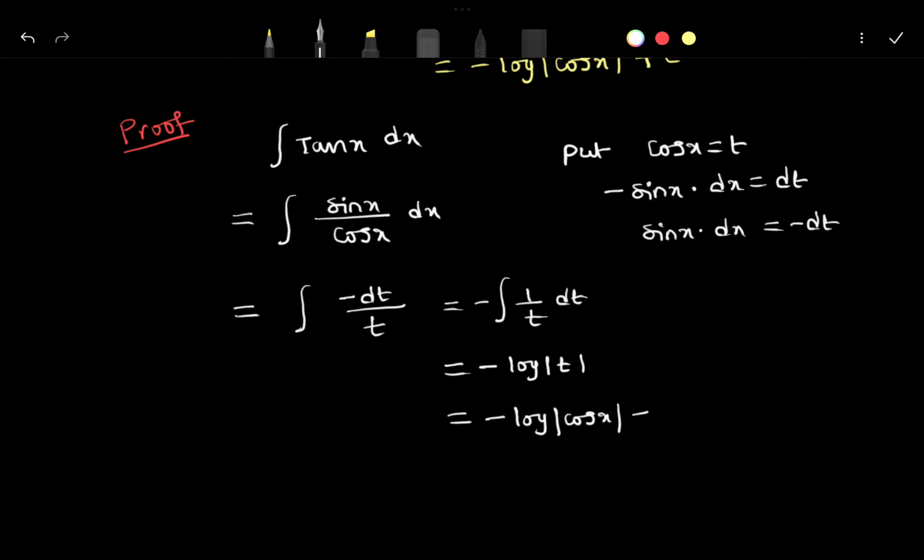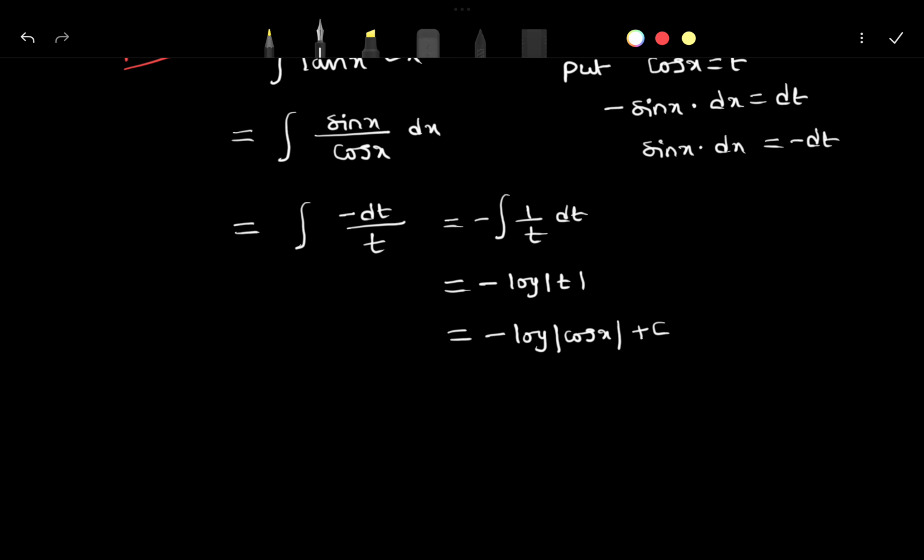Now here this one is minus log of cos x. We know the logarithmic basics: n times log x, you can write as log of x to the power of n. This is one of the properties.